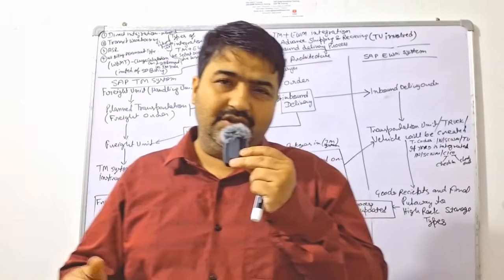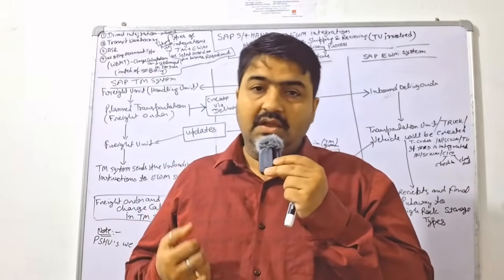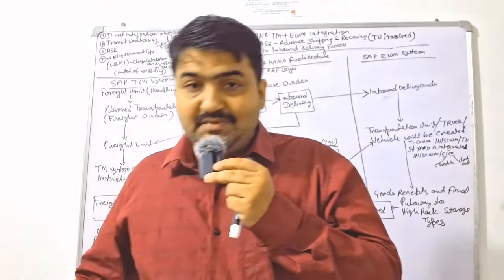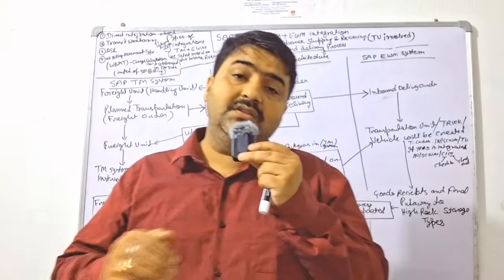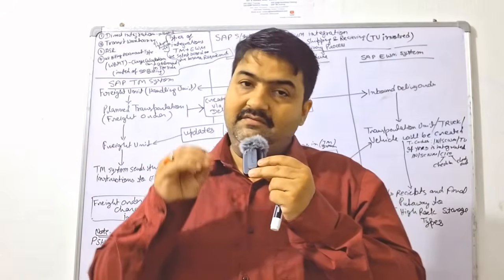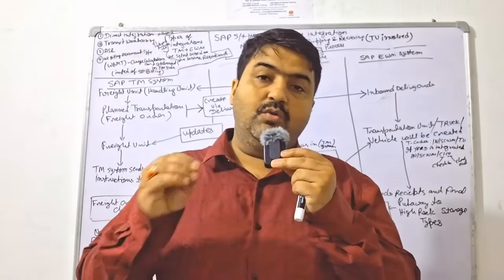We create the custom TU. If we have the inbound delivery process, we are receiving the goods, or for example, the customer returns the goods, okay. For all this process, we have the TU, transport management. We can create a custom TU. We can link the TU with the inbound or outbound delivery.